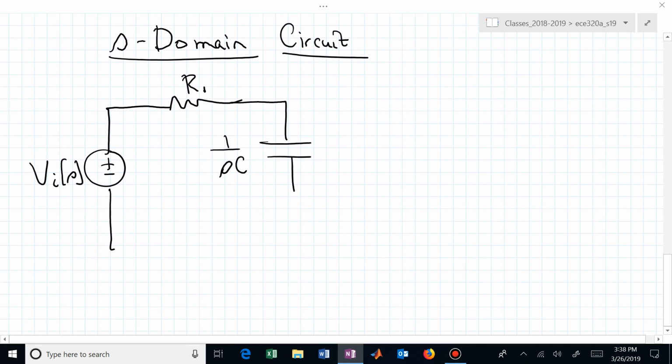And in fact, we would then know to do the following. We would say, oh, we have an initial condition on that capacitor of value V sub C of 0 minus, and we would put in a source with the appropriate polarity label.